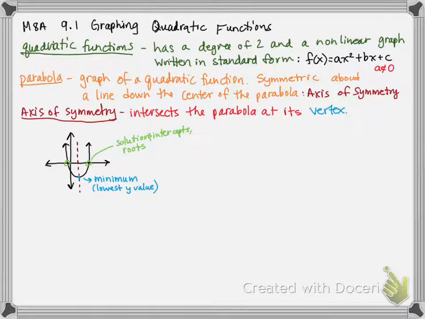Now, we can also have a parabola that faces a different direction. That would be a downward facing parabola, and we're going to talk a little bit later about when that happens. So let's do this parabola. Okay, and so its vertex would be the highest point of the graph. So that's your maximum because it's at the highest point.